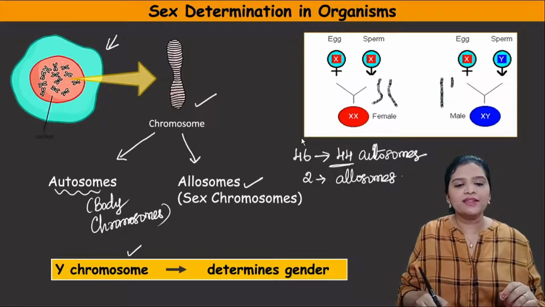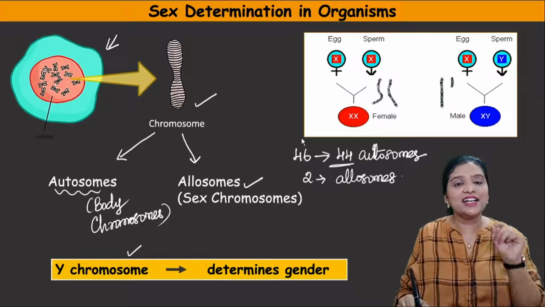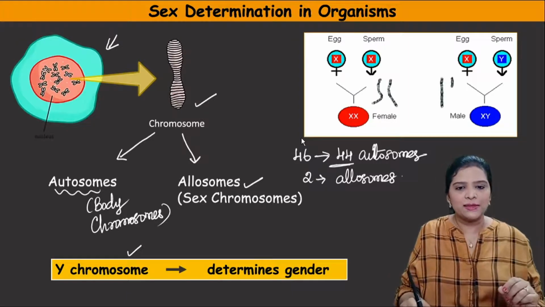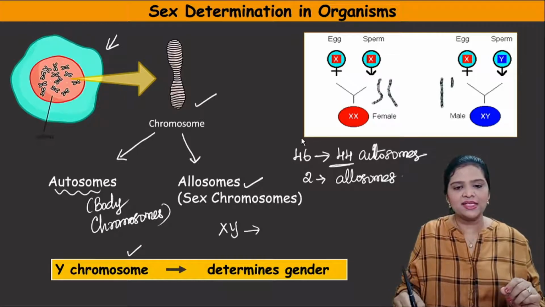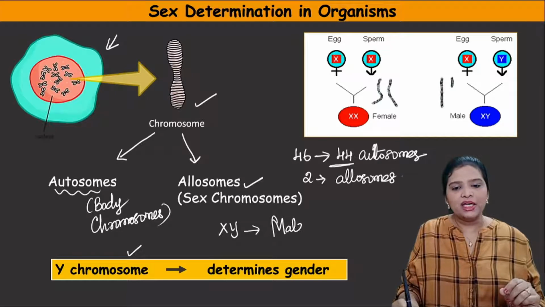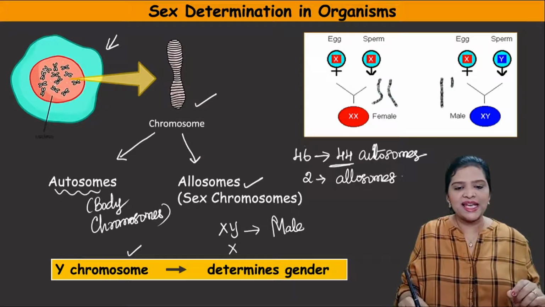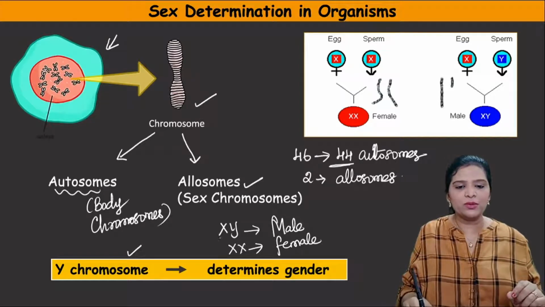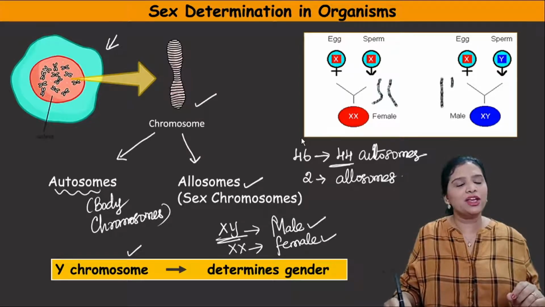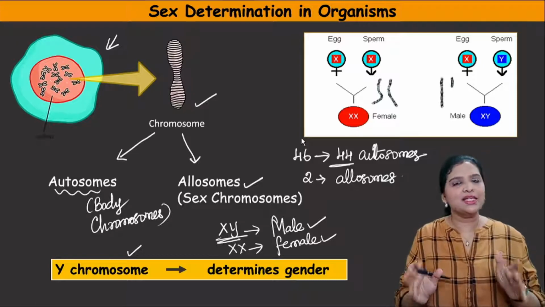Here the Y chromosome determines the gender. If the combination of sex chromosomes is X and Y, this will be a male. If the combination is X and X, this will be a female. So this is in human beings.